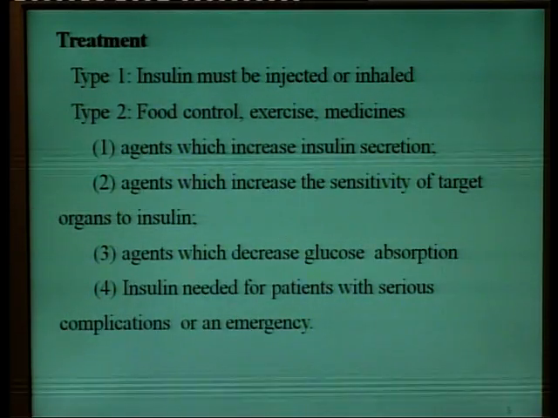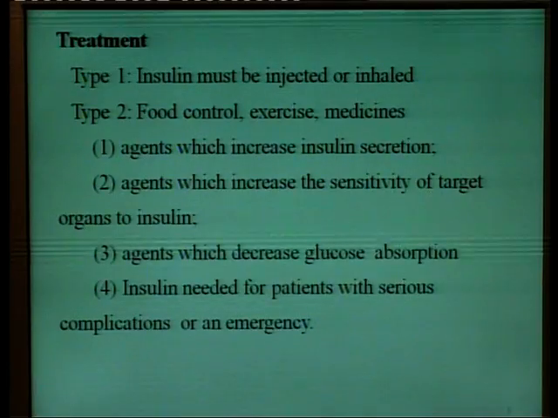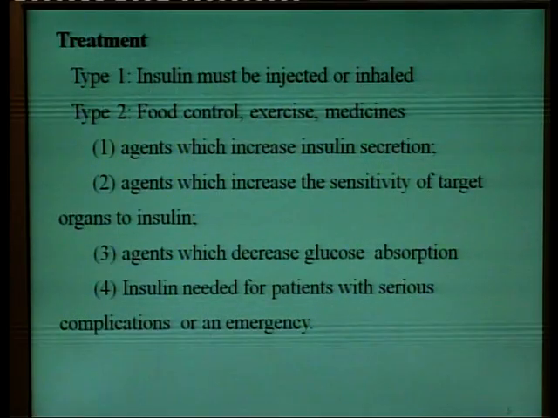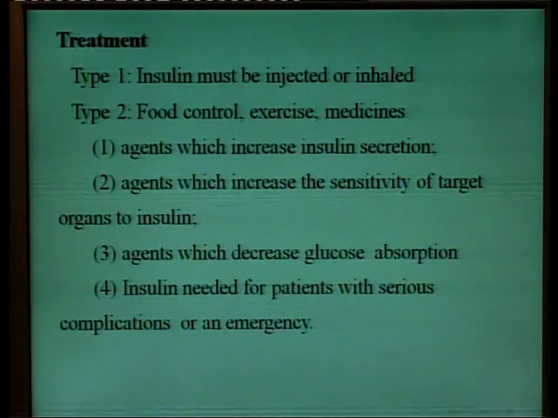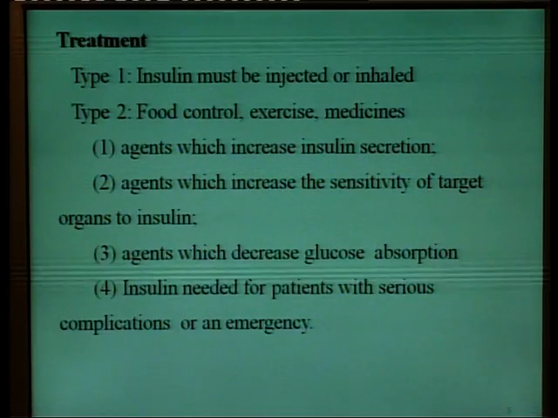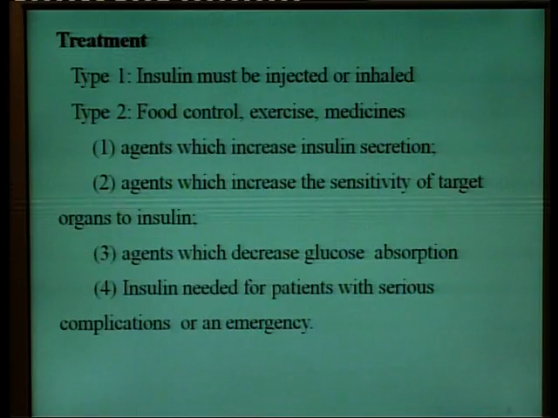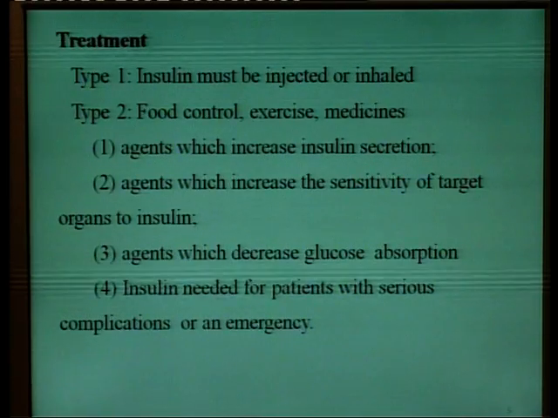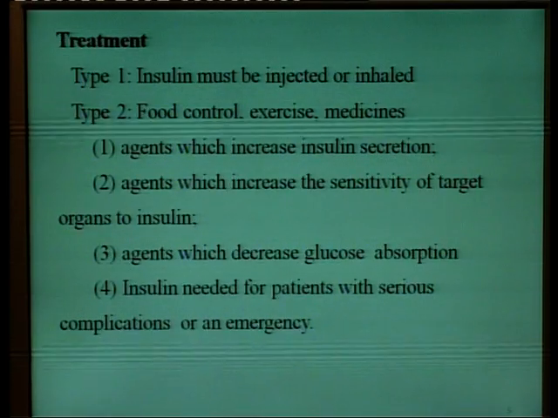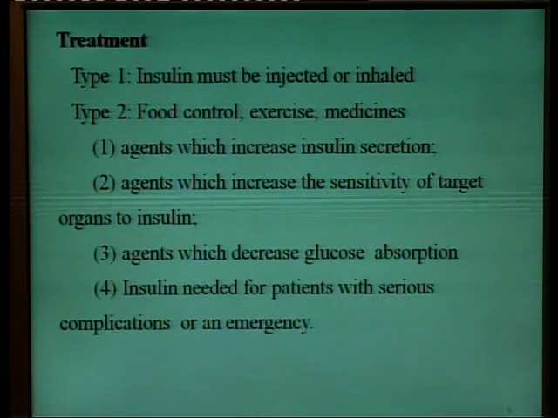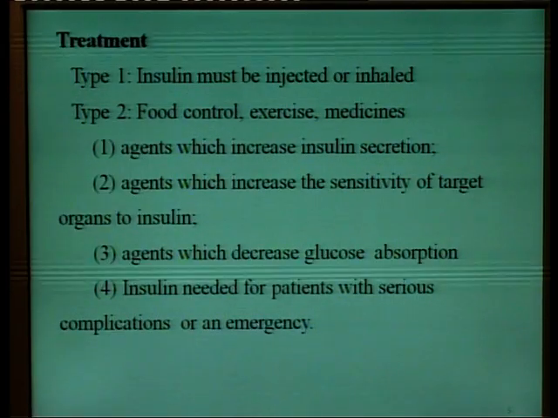So, the options are: agents which increase insulin secretion; agents which increase the sensitivity of the target organ to insulin; agents which decrease glucose absorption; and fourth, insulin, which is needed for patients with serious complications, or we directly give them insulin.